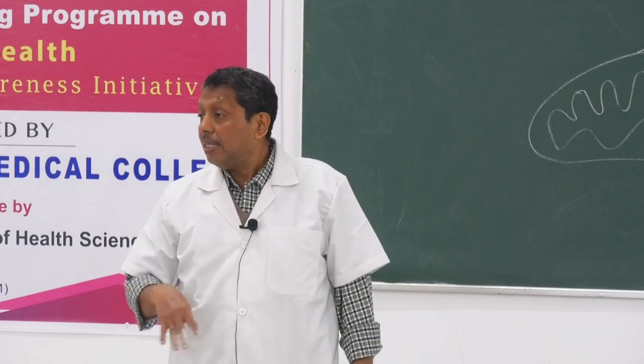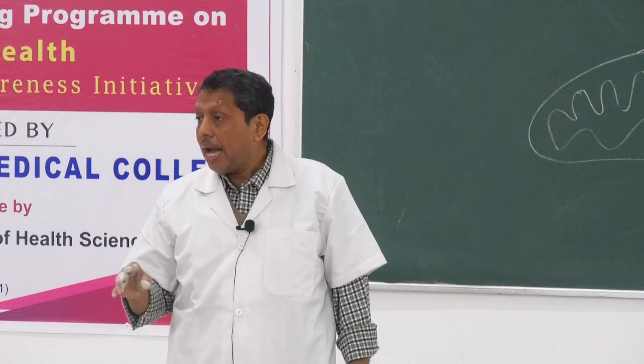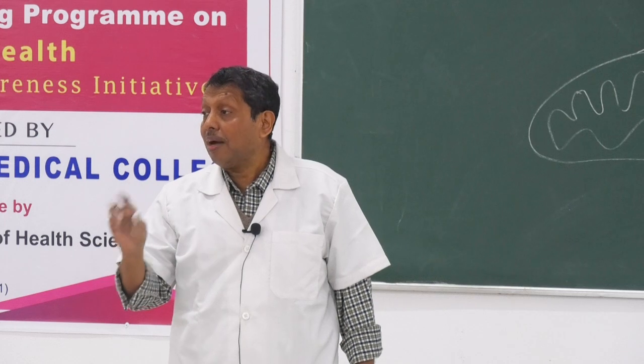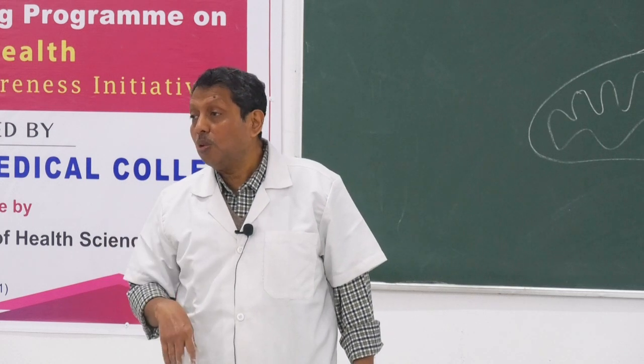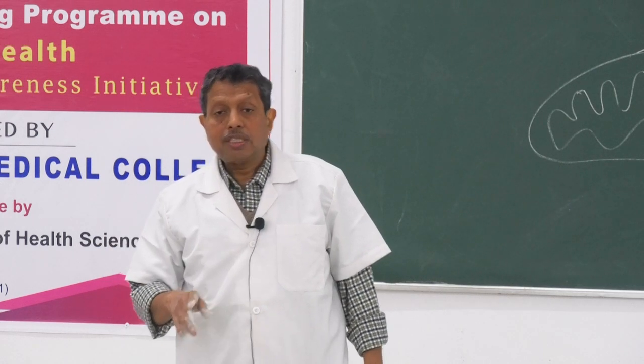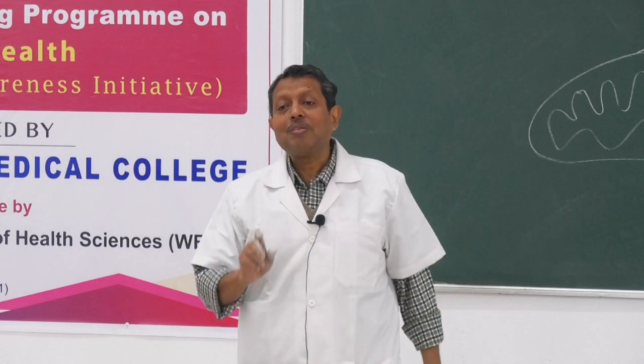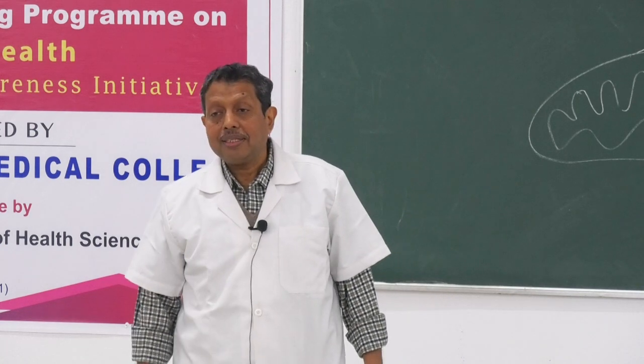In the liver cell, they are in huge number. And in parts of the cell where aerobic respiration is required, where ATP is required, their number is more. For example, in the proximal convoluted tubule, in the basal part of the cell, there is a good number of mitochondria.